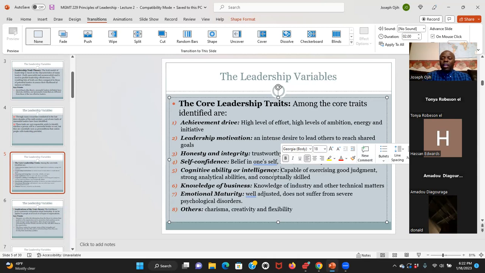She had the cognitive ability, and she believed in herself. And look at what she was able to achieve. Today, she is still considered the first woman billionaire in America because she had that ability, intelligence, honesty, self-confidence, and so on and so forth.